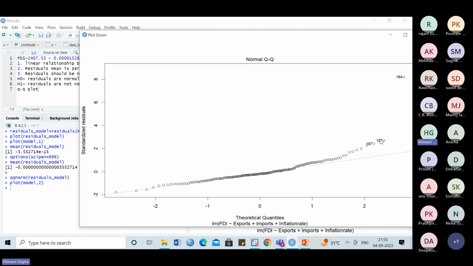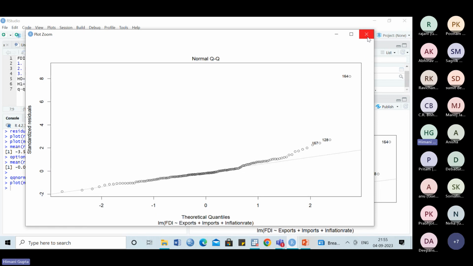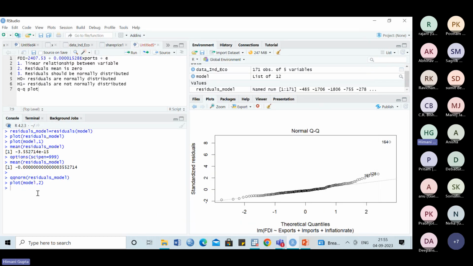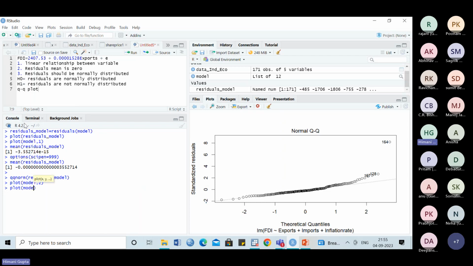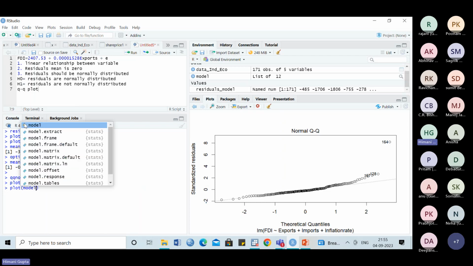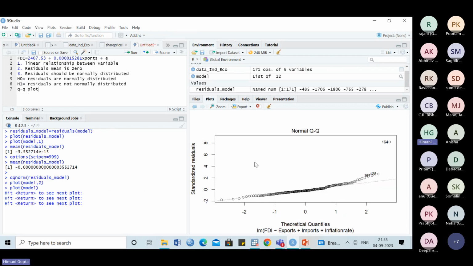That means they are not on the straight line, so I can say that my data is not normally distributed. Or another way is to just write plot, model, and press enter 3 times: 1, 2, 3. You will get the same diagram.